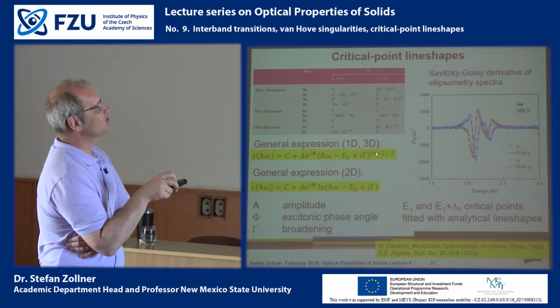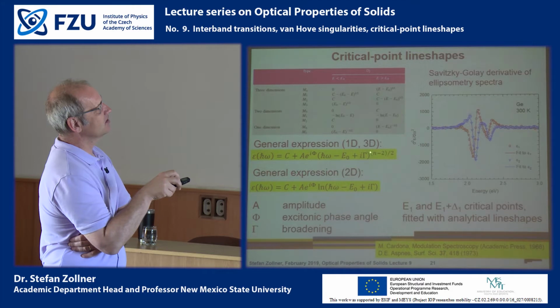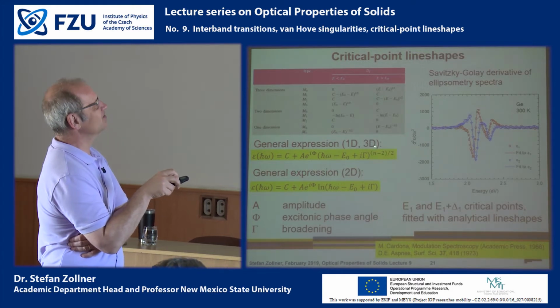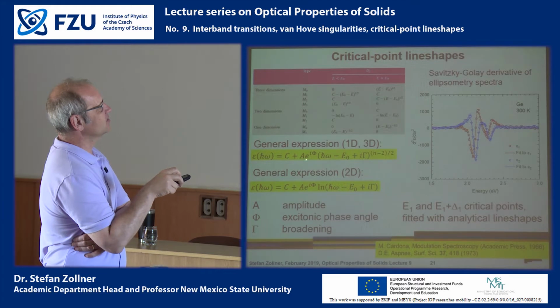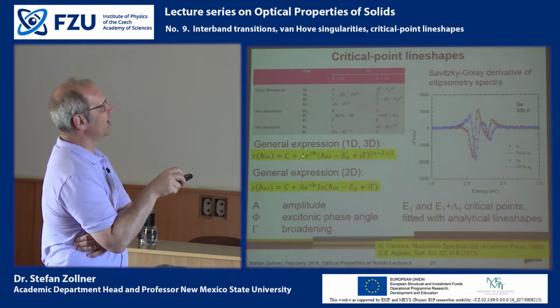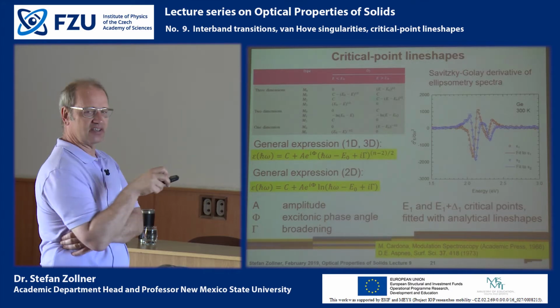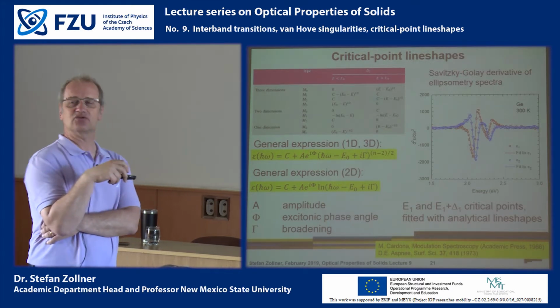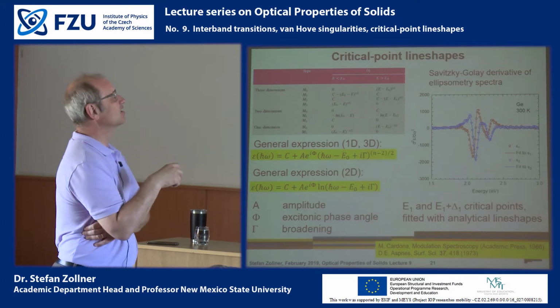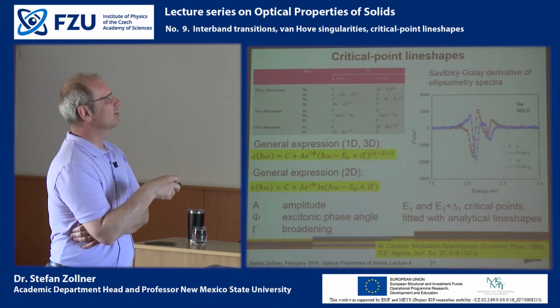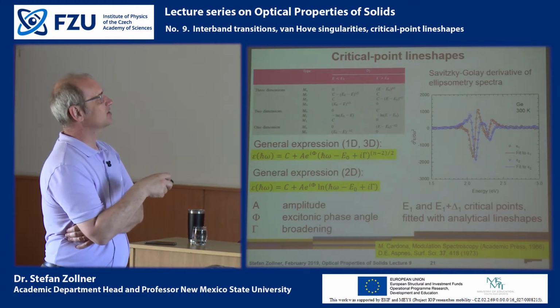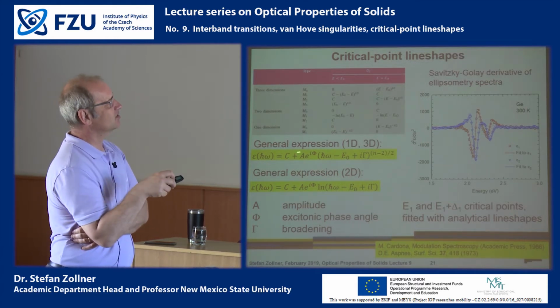For a 1-dimensional critical point, the exponent would be minus 1/2. And this coefficient A is the amplitude of the critical point, and that has to do with the Taylor coefficients we had before. So the inverse effective mass parameters go in there, along with some fundamental physical constants.